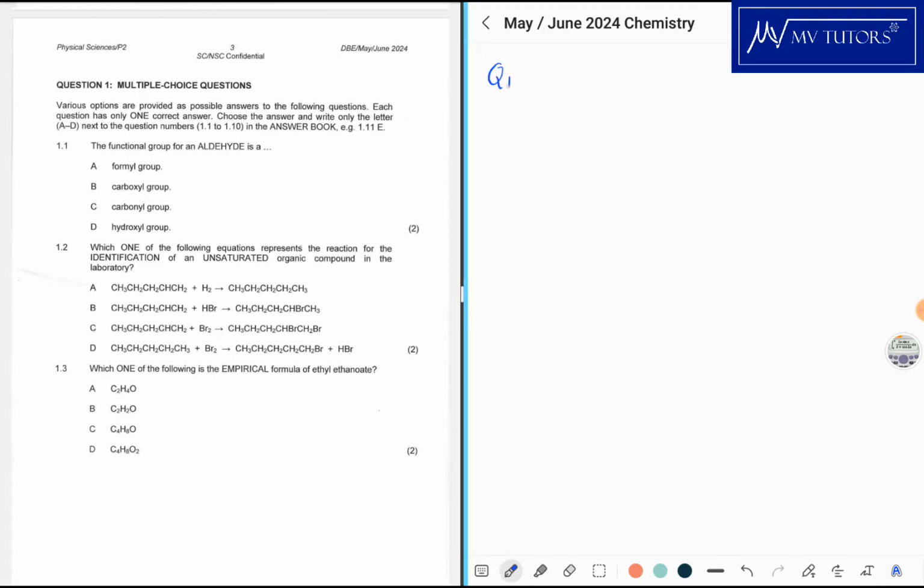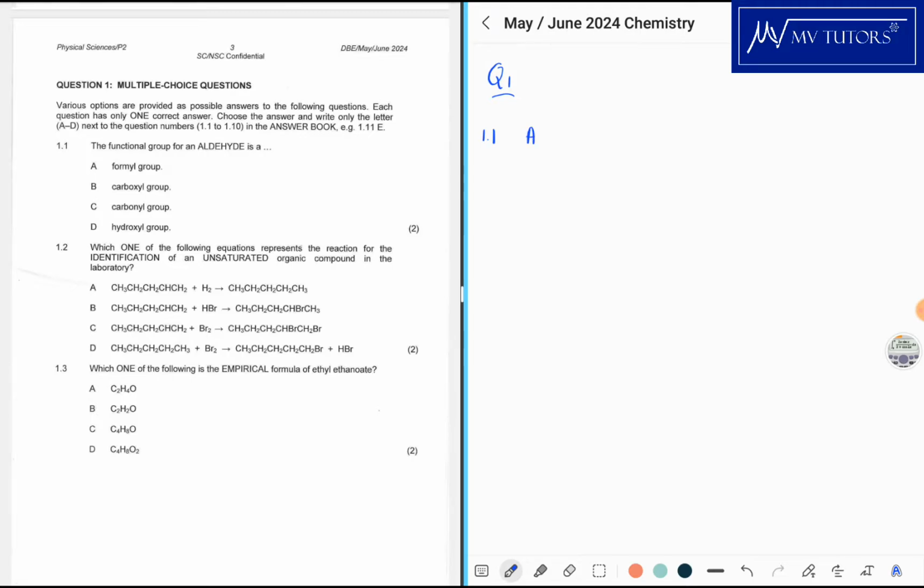Alright, multiple choice questions. With 1.1, it says the functional group for an aldehyde is a... Looking at the options here, A, is it the formyl group? Yes, it is.